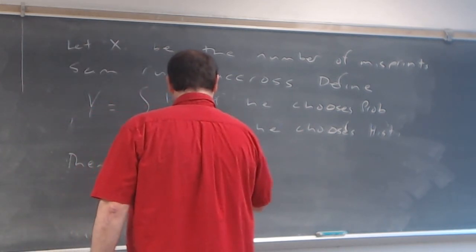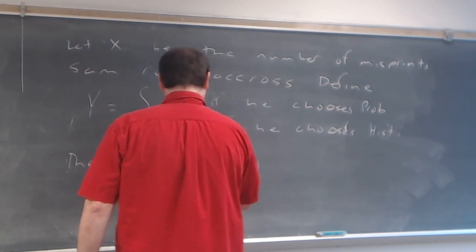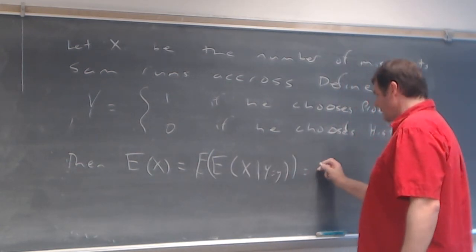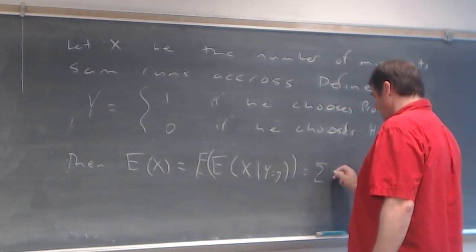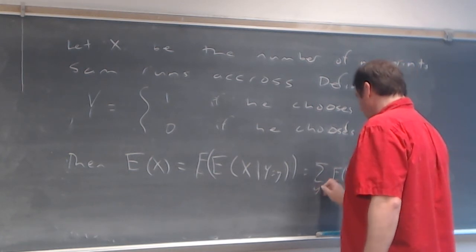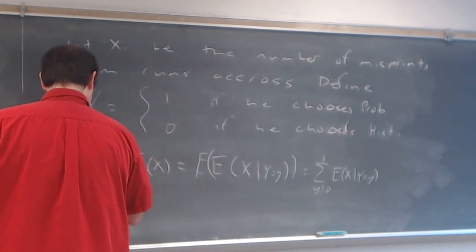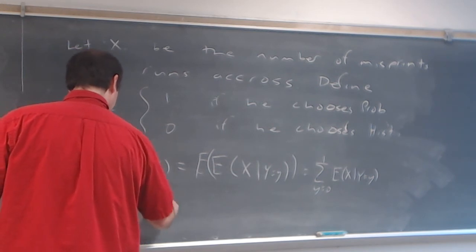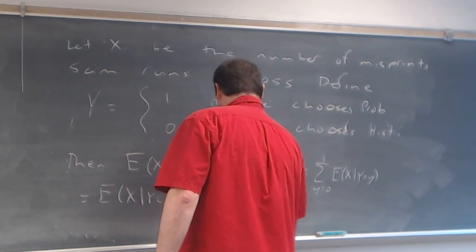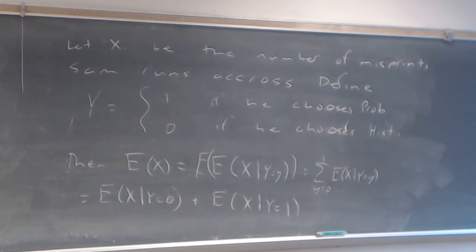And so that should be equal to the expected value of x given y, and that should be equal to the sum of the expected value of x given y equal to y, where y would run from 0 to 1, which is equal to the expected value of x given y equal to 0 plus the expected value of x given y equal to 1. Well, look, if they tell you y is 0, that means he chose the history book.